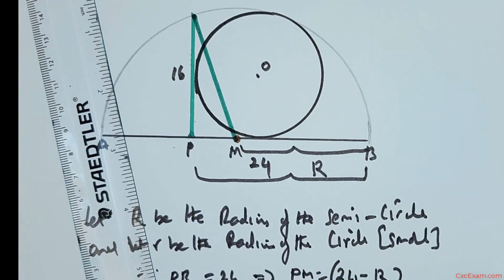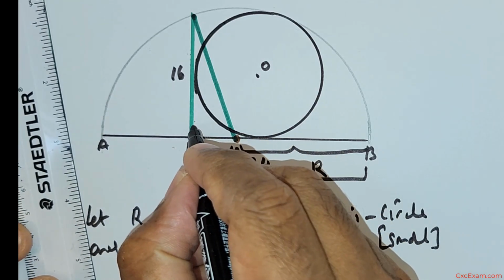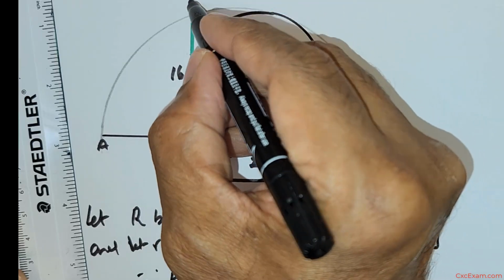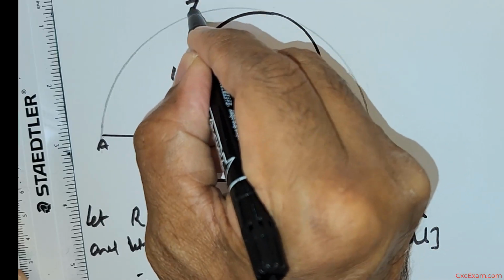Okay, so we get that there. Now this is clearly a 90-degree angle, and I would be taking this as some Z.